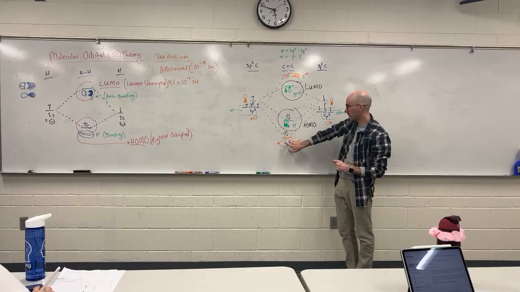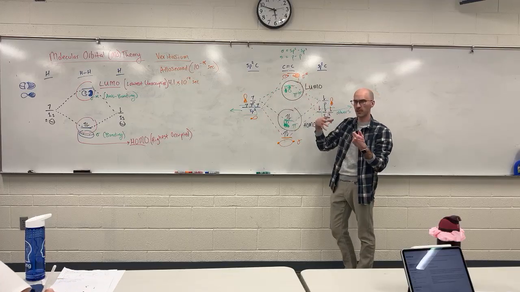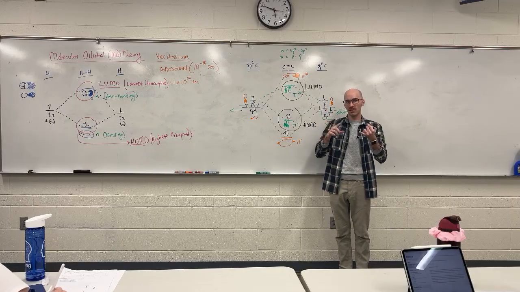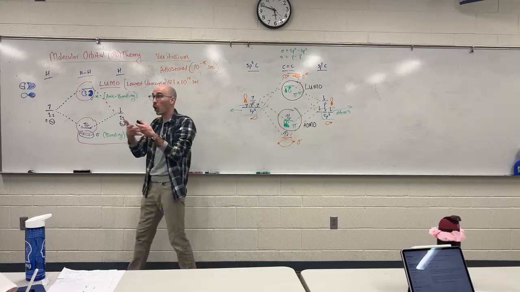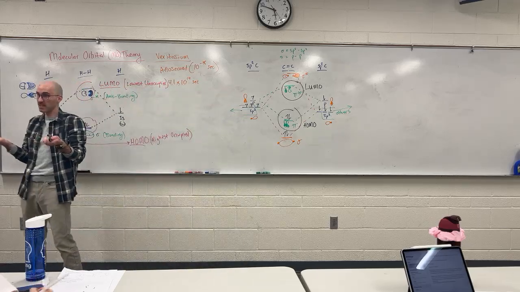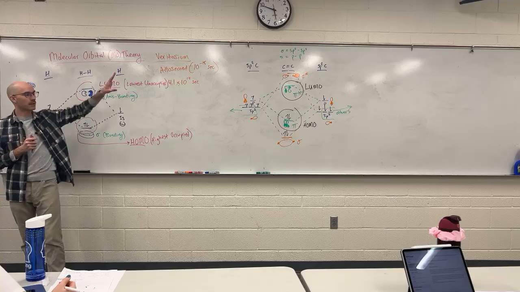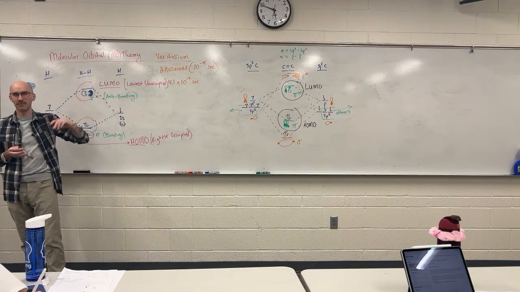Because the nuclei are centered here, here, here. The nuclei are in the same place. These are just different shapes, sizes, and orientations, all overlapping in the same physical space. So why would we even care about these orbitals if they don't have electrons in them?